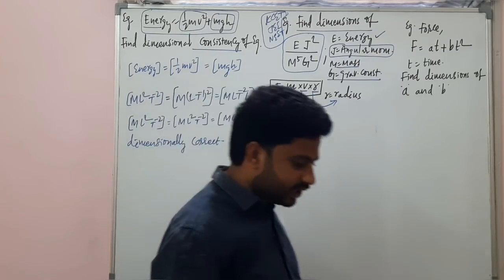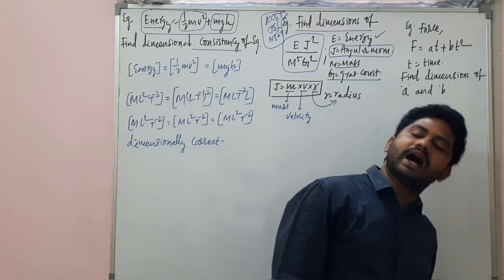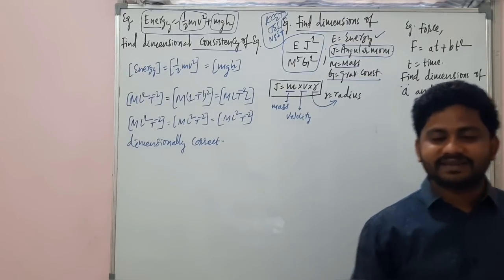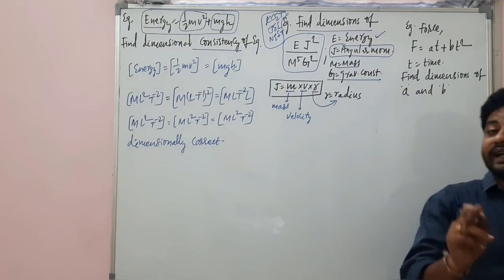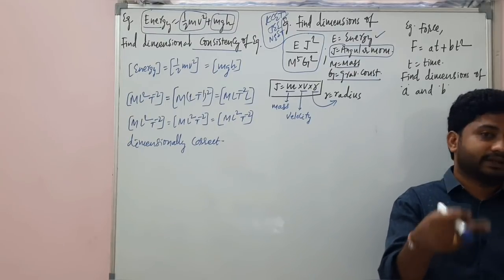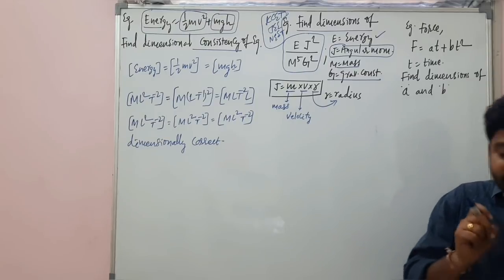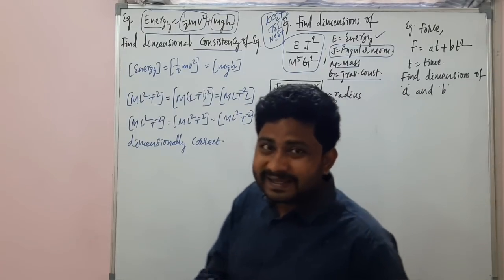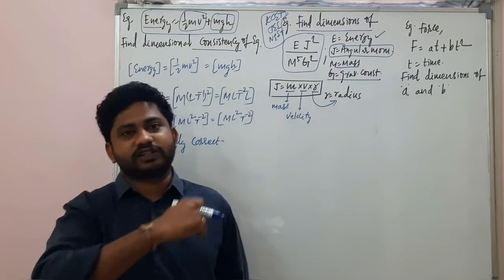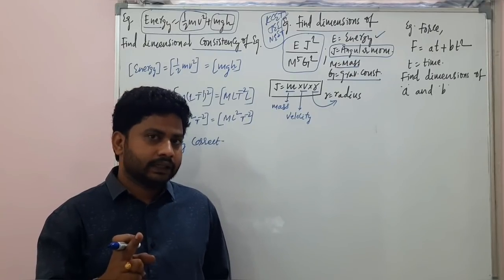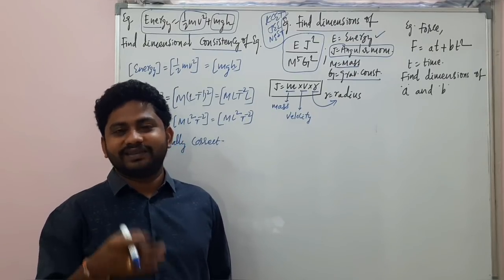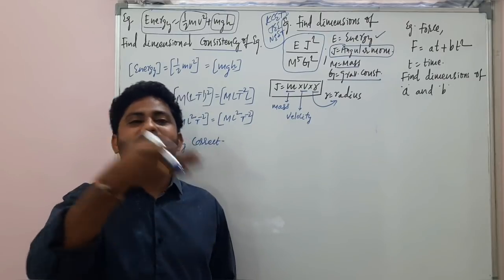The angular momentum formula is what? mvr, mass into velocity into radius. Again and again, I am not going to repeat the angular momentum formula. You will learn angular momentum in the 6th or 7th chapter of your first PUC. But as I've told you already, this chapter is called units and measurements.